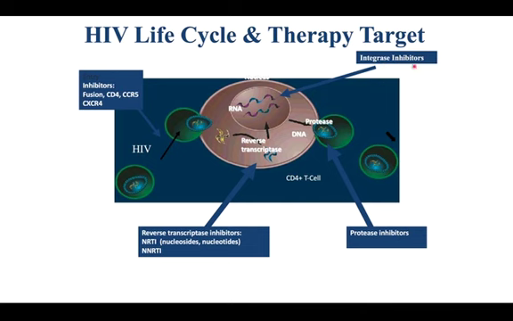The main one that you need to know is dolutegravir. There are others, but for the South African context, we are only using one of those. Then we've got protease inhibitors, like lopinavir and ritonavir, which is the main drug that we use as part of our first line or second line in South Africa. It's a formulation that has two drugs, lopinavir and ritonavir.